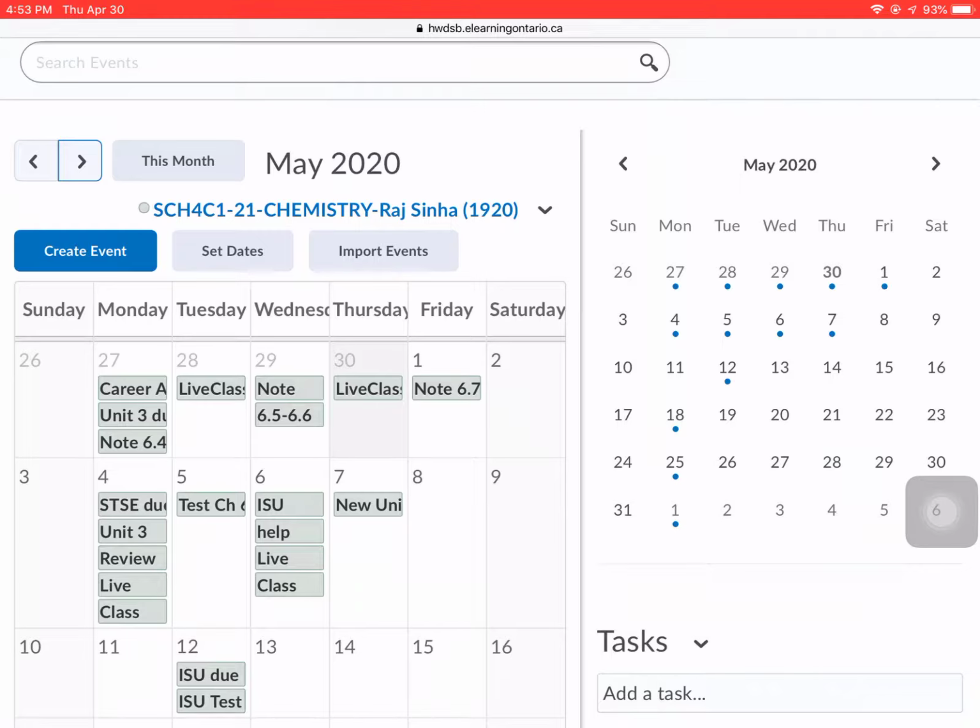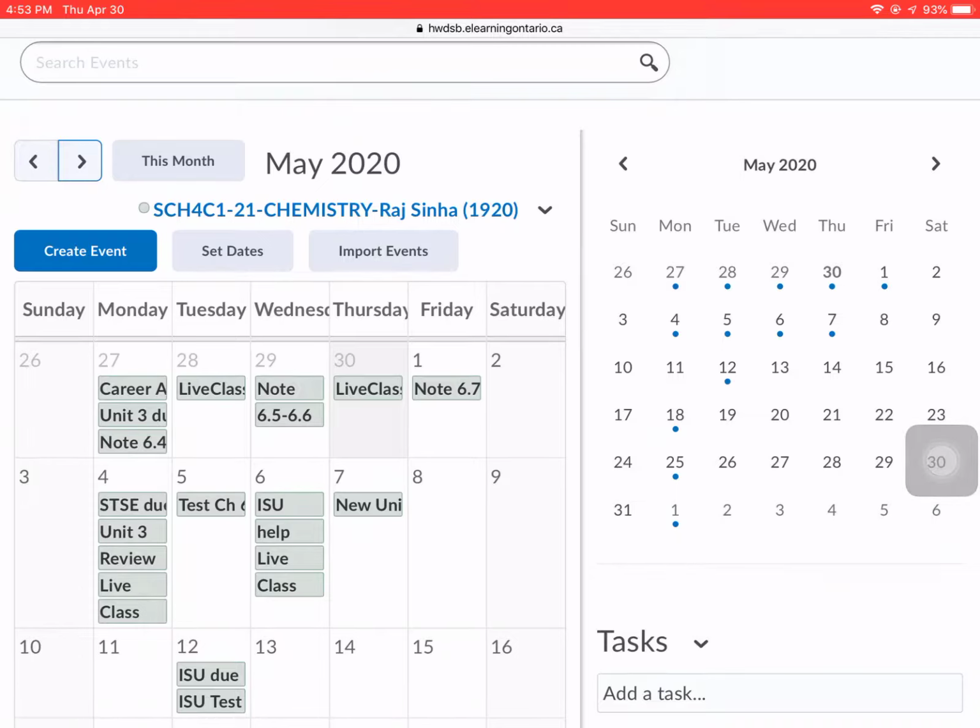You should be done that one. Try not to get behind with your career or STSE assignments because, again, some of you handed in all the career and all the STSE assignments, which again is awesome, so you don't have to worry about it as we move further into finishing up May, and then a couple of weeks in June, and we're done.